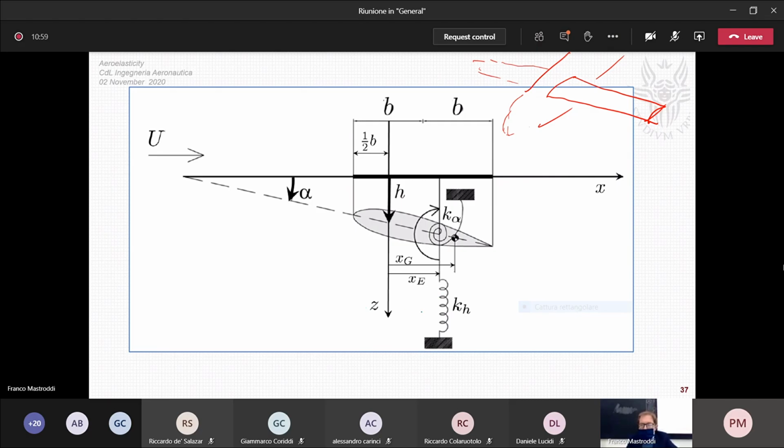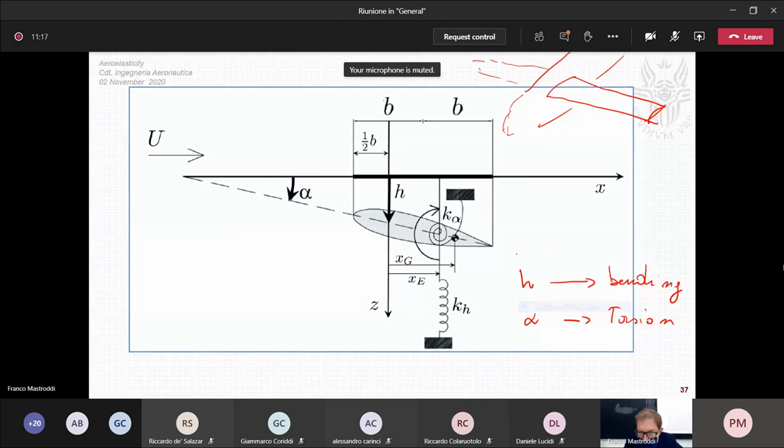And so we have alpha as torsion and h as bending. And this in the 2D vision, and here in 3D effective vision. Okay?